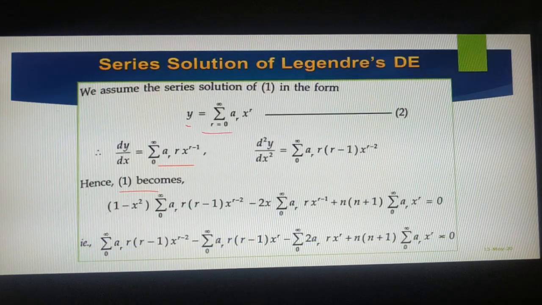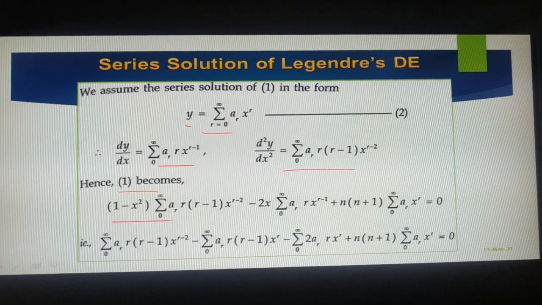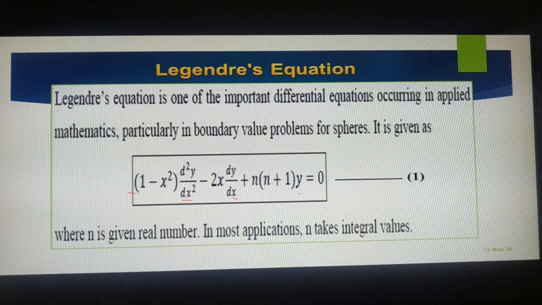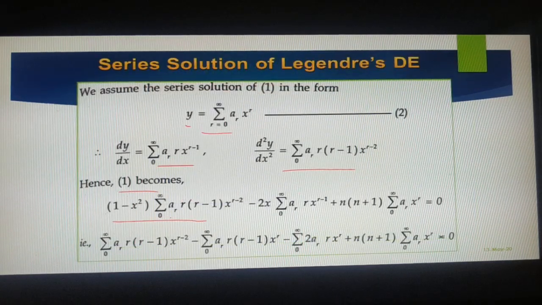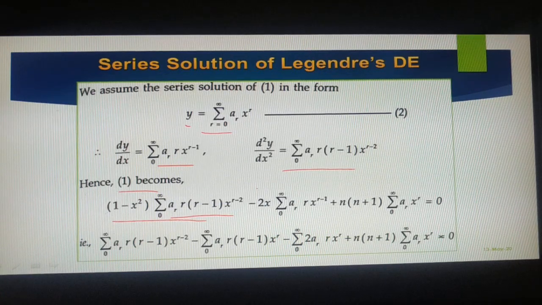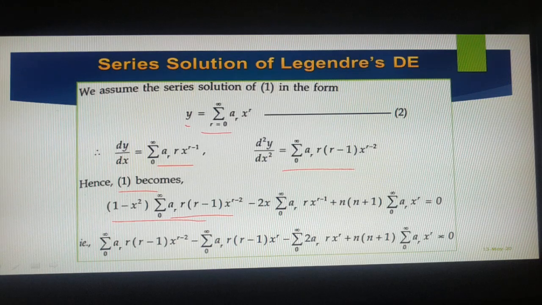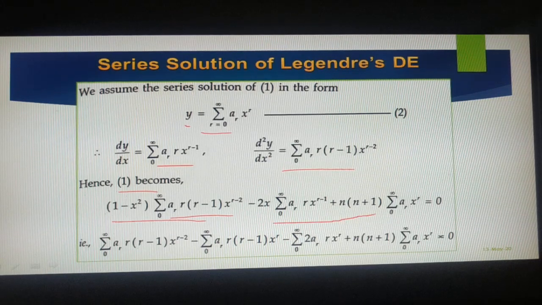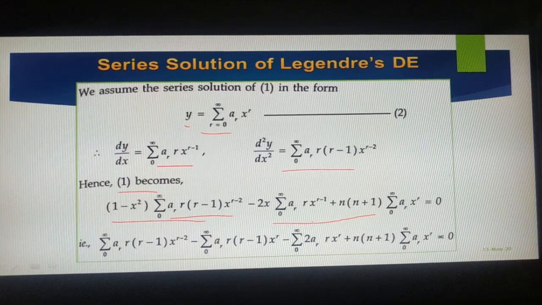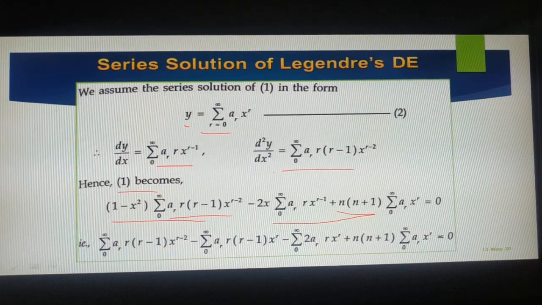So I substitute in place of y double dash this value: 1 minus x squared times d²y/dx², in place of that I am substituting this, and then minus 2x into dy/dx, where dy/dx is this value, and then plus n into n plus 1 into y.